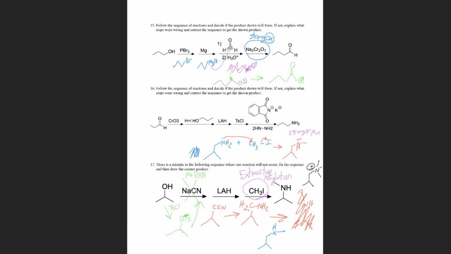So that is the product of 17. If we fix the first step by adding tosyl and then let the rest of it go, we're going to end up with a quaternary nitrogen because we've exhaustively alkylated it, and we end up with that.